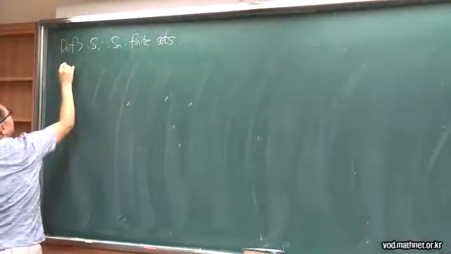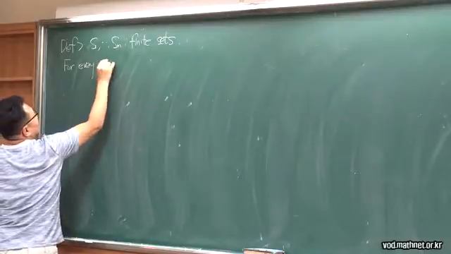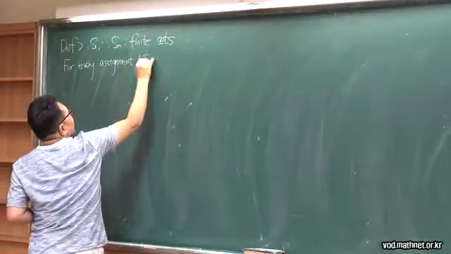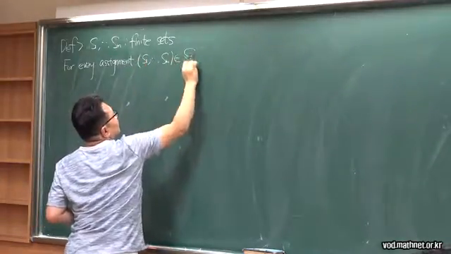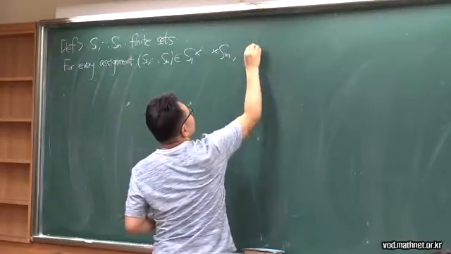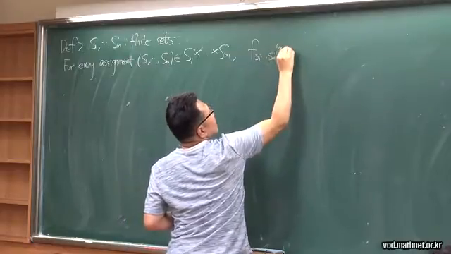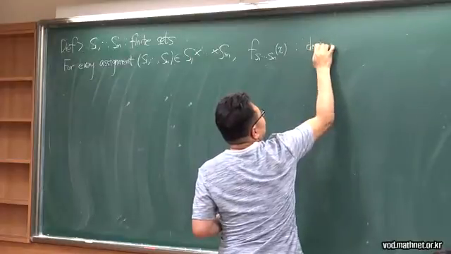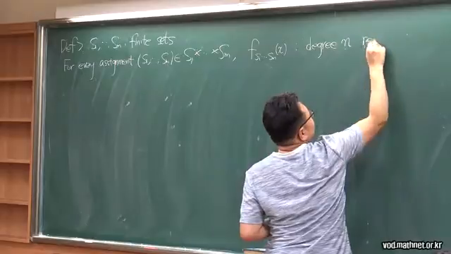For every assignment in the Cartesian product, we define the polynomial, this one. This is degree n, real-rooted.